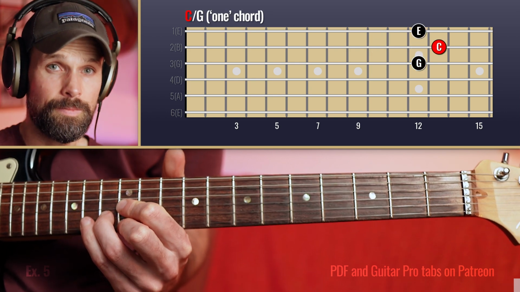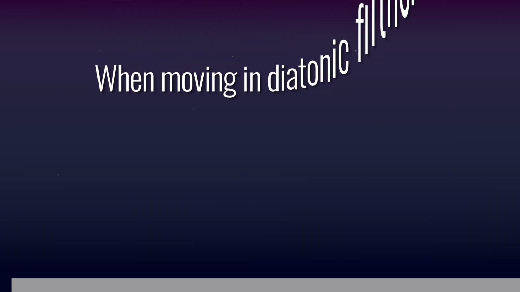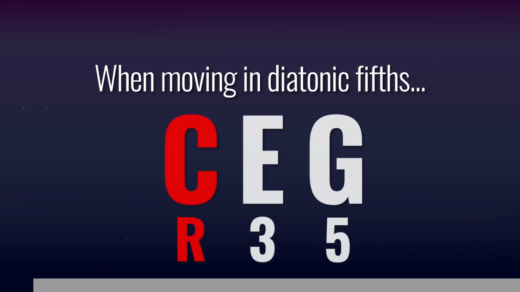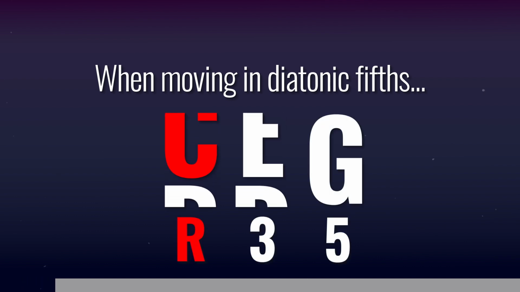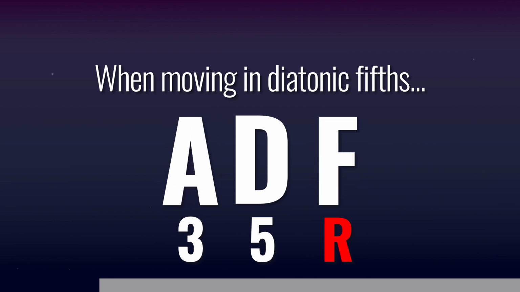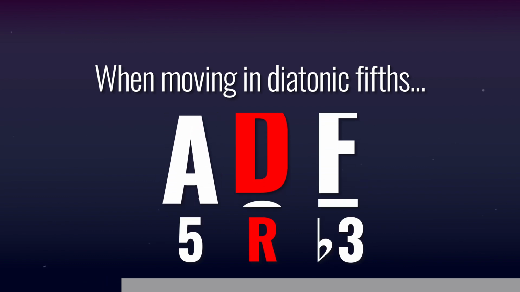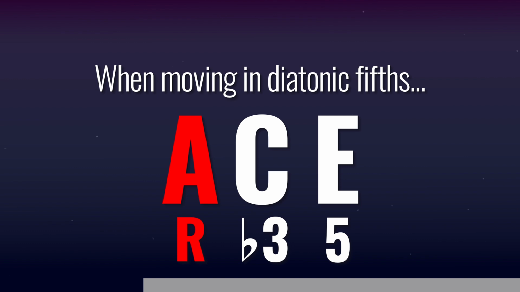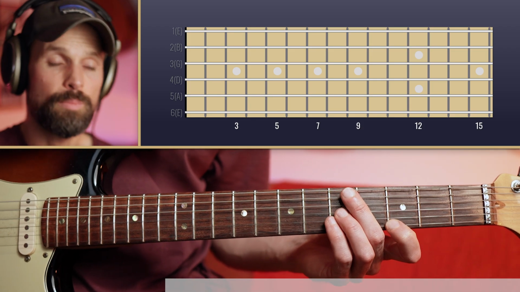And when moving in diatonic fifths, the 5th of chord number 1 will stay and in turn become the root of chord number 2. And chord 2 will be found in a lower fretboard position. So C to G in the different positions.